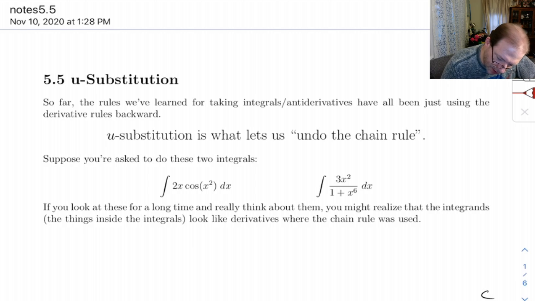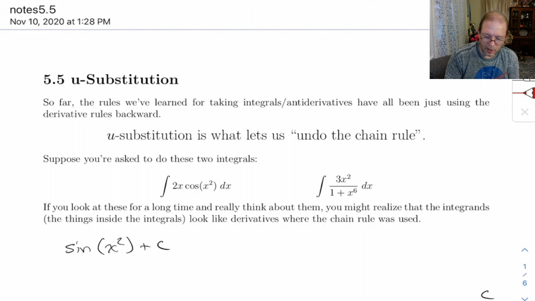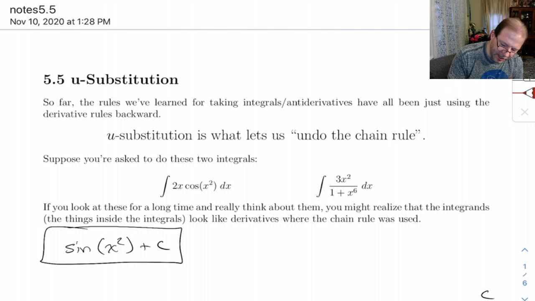So this first one, you might be able to come up with, this is sine x squared plus c. Why? Because if you take the derivative of this, derivative of sine x squared would be cosine x squared, and then chain rule says multiply by 2x, which is what we've got up here.